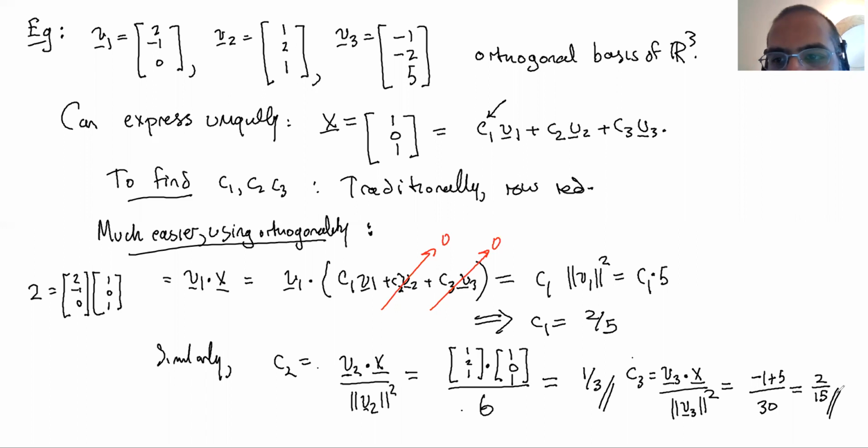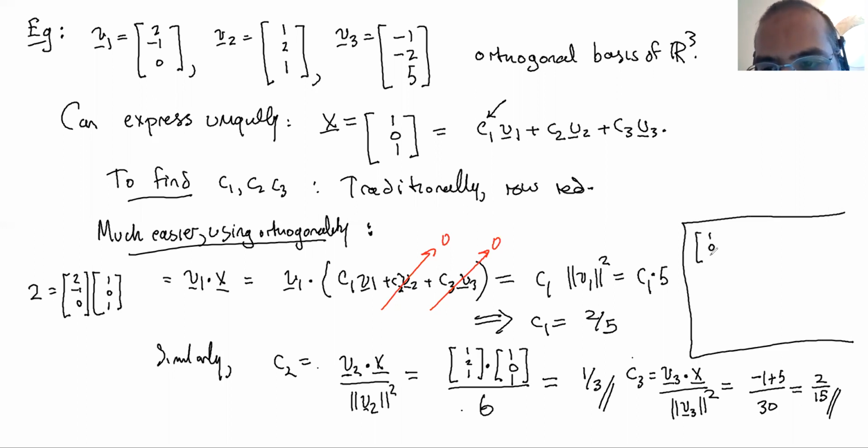Okay, so the bottom line is we managed to solve this problem without row reduction, right? We managed to express this x as a linear combination of these vectors.